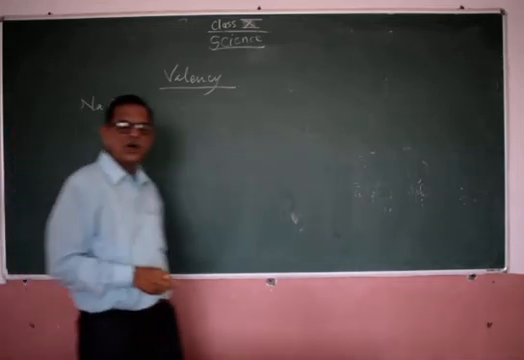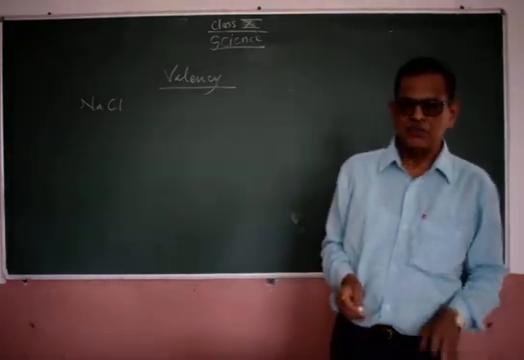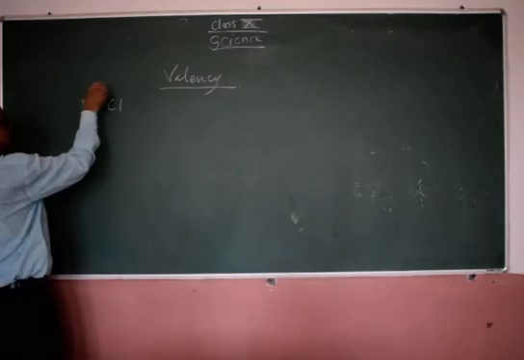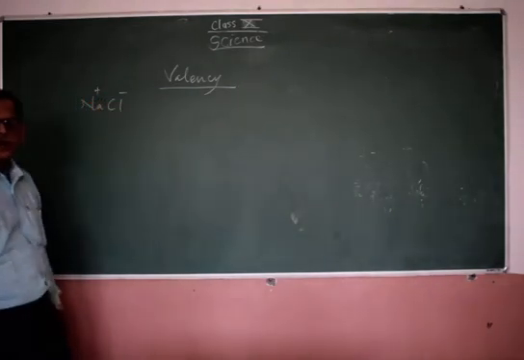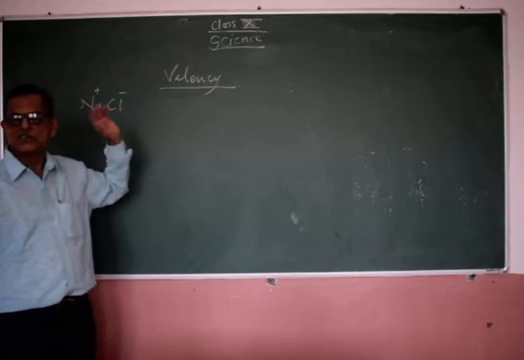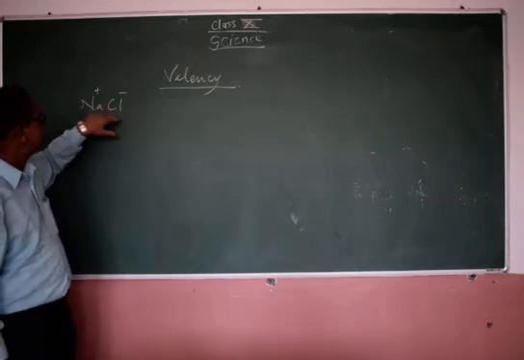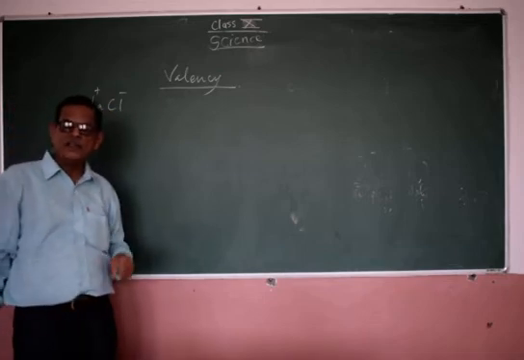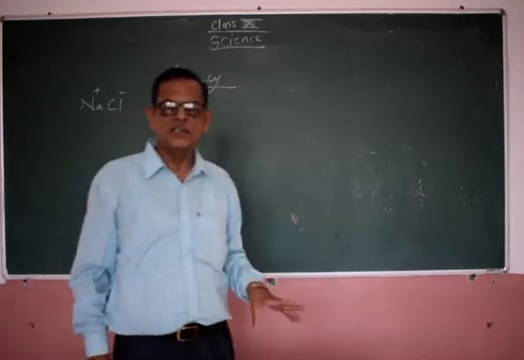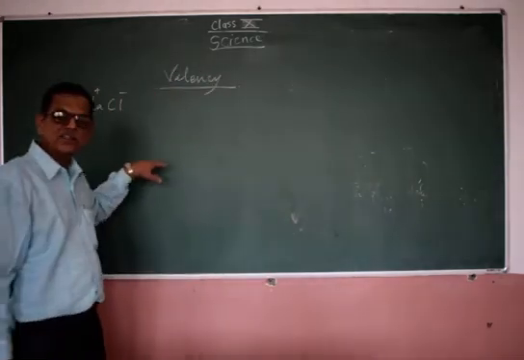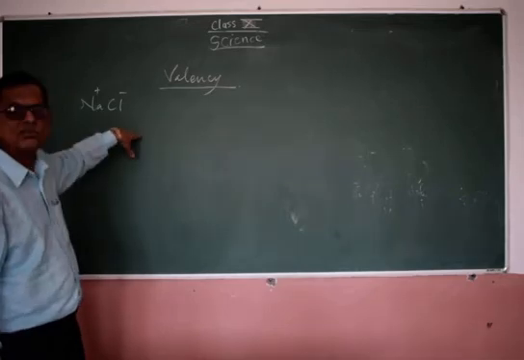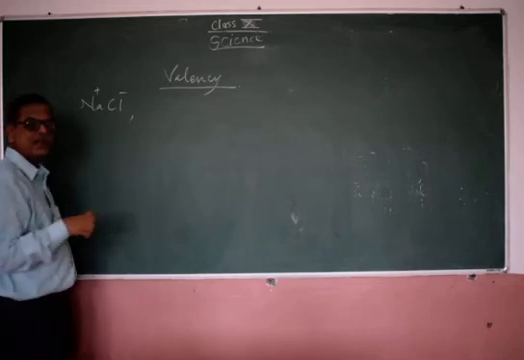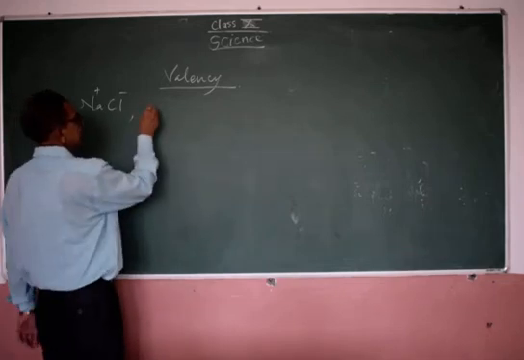The formula of sodium chloride will be NaCl, because the valency of sodium is 1. Sodium possesses +1 charge and chlorine possesses -1 charge. Therefore, the formula of sodium chloride will be NaCl, because the valency, that is, the charges, should be balanced, and when the charges are correctly balanced, then the formula becomes correct.